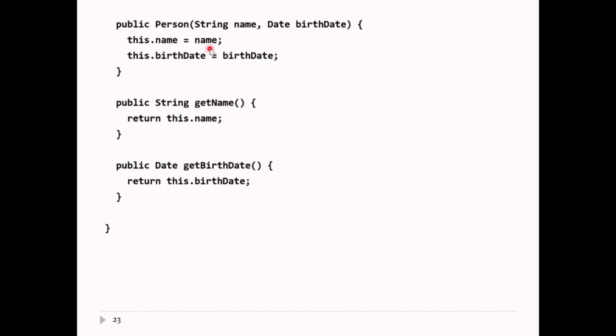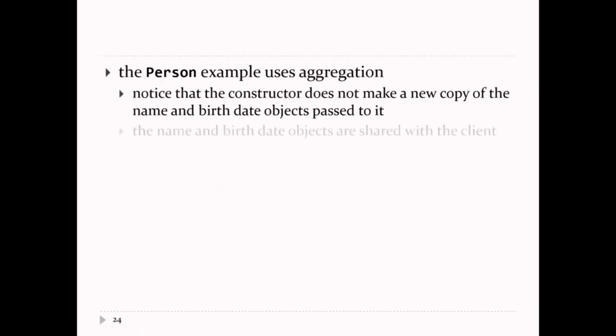Someone else has a reference to that object, and so the person object can't possibly own the string or date objects corresponding to the name and birth date. The name and birth date objects are being shared by whoever called that constructor.